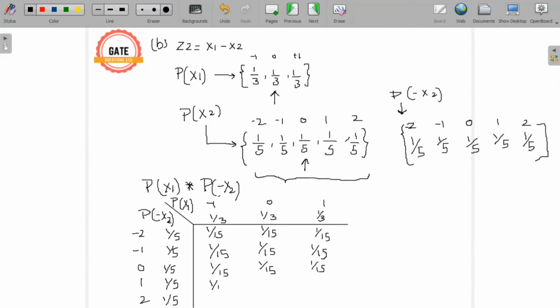So let me write. Since all the elements here are same as were in case of x1 plus x2, where we are calculating x1 minus x2, all the elements here are same, so final result will be same. So for x1 plus x2 and x1 minus x2, PMFs will be same.